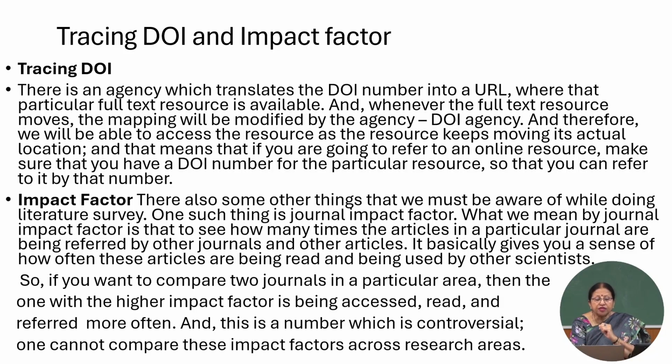So if you want to compare two journals in a particular area, the one with the higher impact factor is being assessed, read and referred to more often. And this is a number which is very controversial. One cannot compare these impact factors across research areas. This is pertaining to that particular journal, not that research area. These are different things which should not be confused.